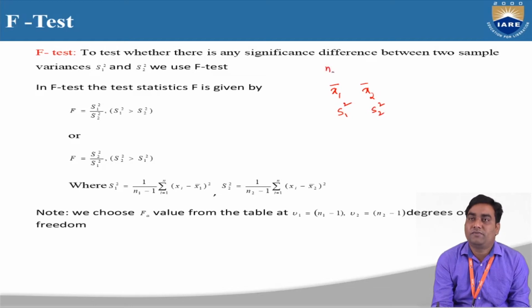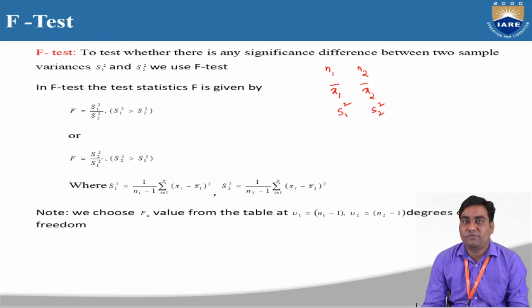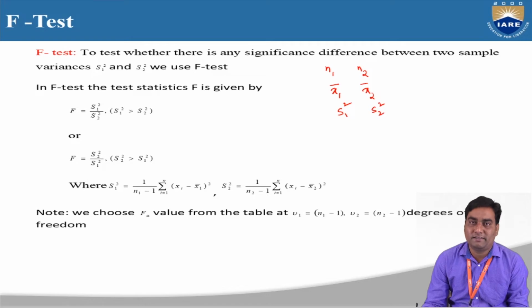The size of the first sample is n1 and the size of the second sample is n2. If you compare this with the t-test for difference of means, the data is the same. There also we have two samples with means and variances, and here also we have two samples with means and variances.